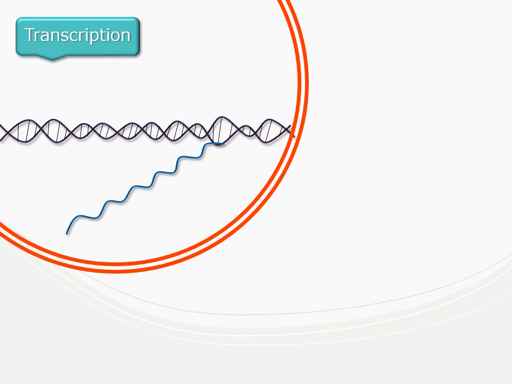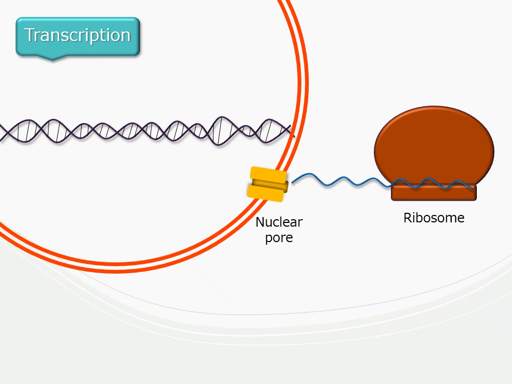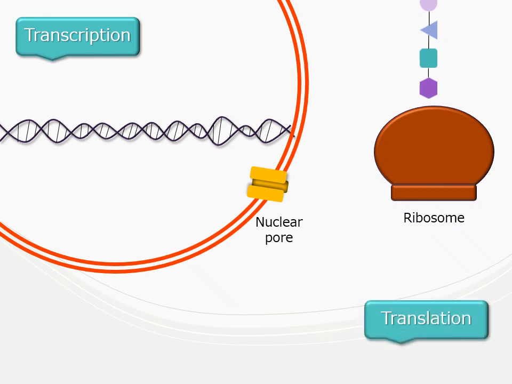Once this is made and processed, it needs to be exported through a nuclear pore to the ribosomes in the cytoplasm. Here, the process of translation can be performed using the sequence of bases in the RNA to dictate the synthesis of a polypeptide chain from amino acids.